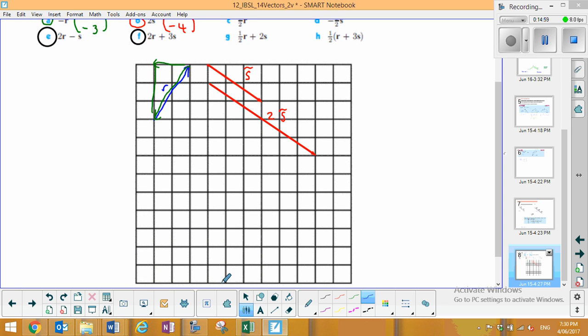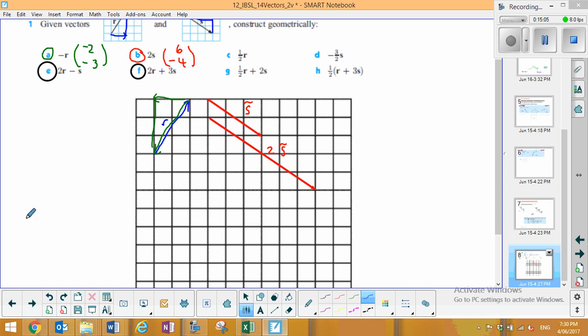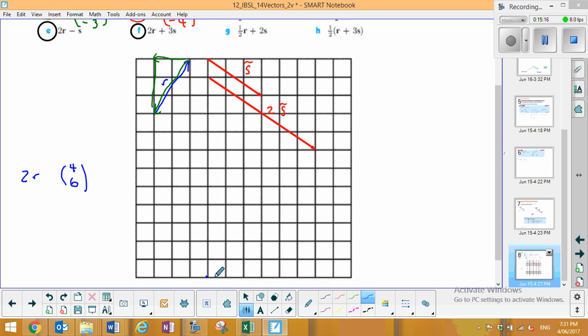So let's start down here, and we're going to start 2R. 2R is going to be across 4 and up 6. So we're going to start here and we're going to go across 1, 2, 3, 4, up 1, 2, 3, 4, 5, 6. That's where that's going to finish.